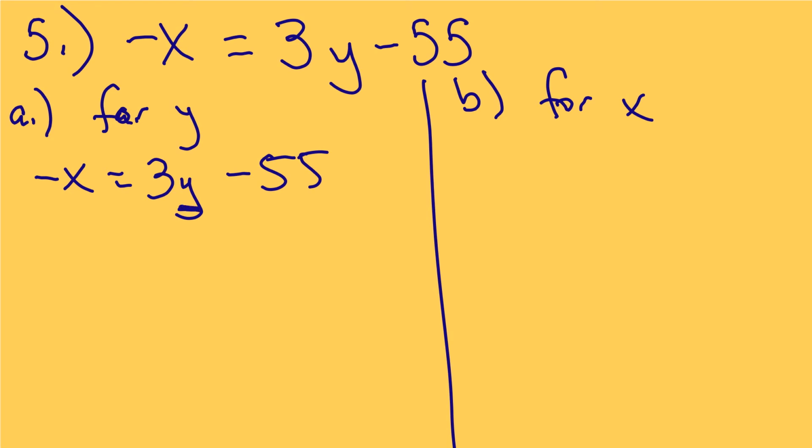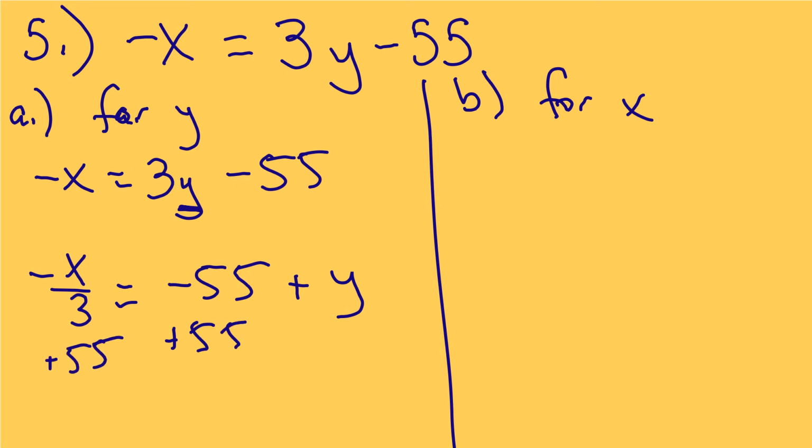So I'm going to divide everything by 3. So I get negative x thirds equals minus 55 plus y. And now I'm going to add 55 to both sides.